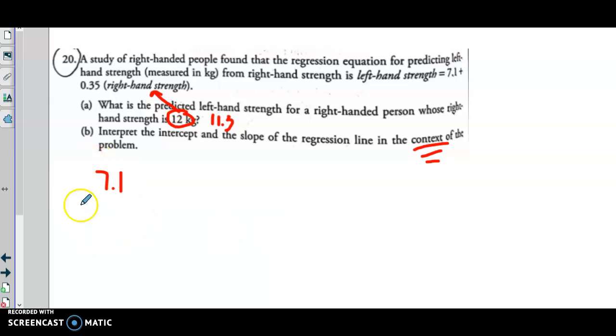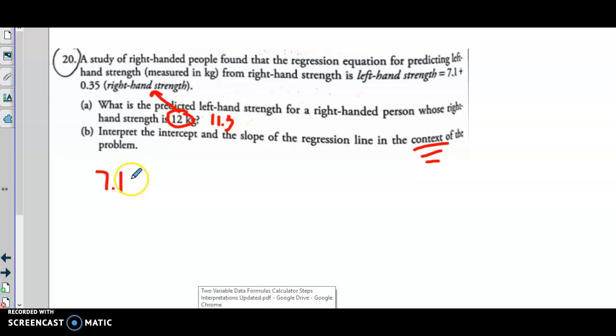So 7.1 is the value of the left-hand strength when the right-hand strength is 0. In general, a Y-intercept is the value of Y when X is 0, and I need to apply context. So what is my Y? What is my X? So what we say here is 7.1 kilograms.